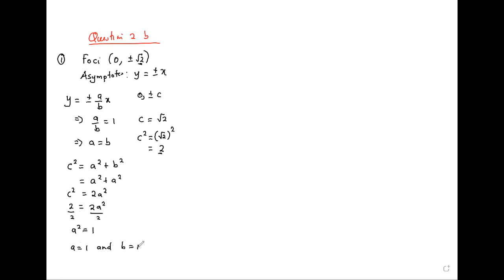Because we already know the center, the equation therefore is going to be y squared over 1 minus x squared over 1 is equal to 1, which we then write as y squared minus x squared is equal to 1.